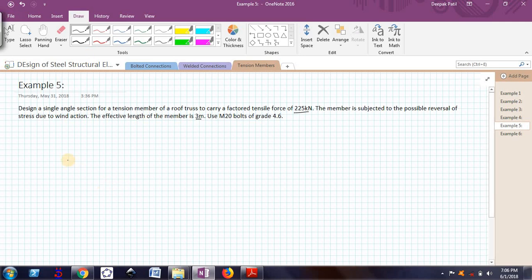To start with, in case of design problems in tension members, I have to take the criteria of yielding of cross section.